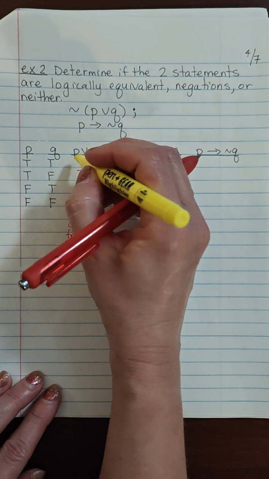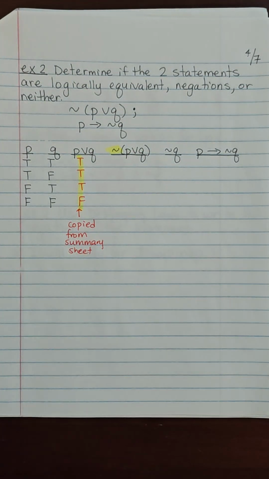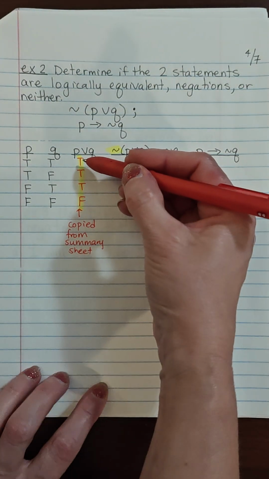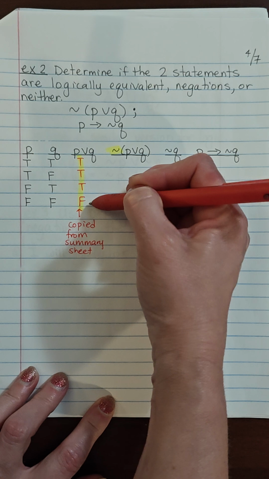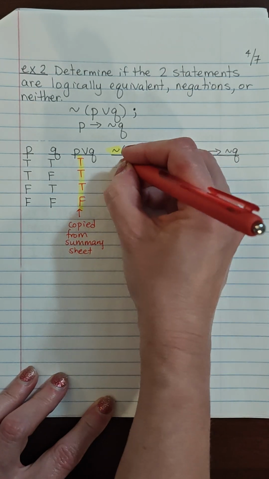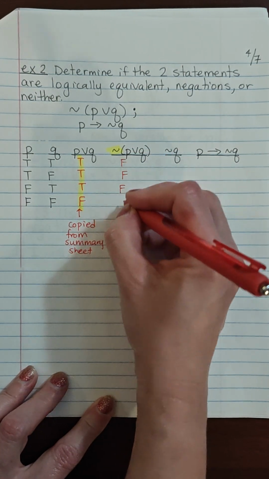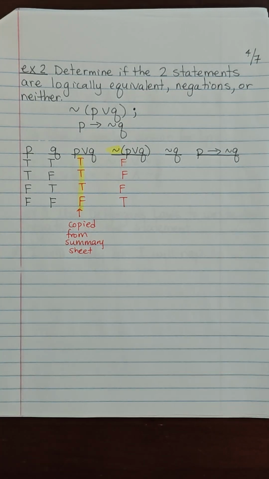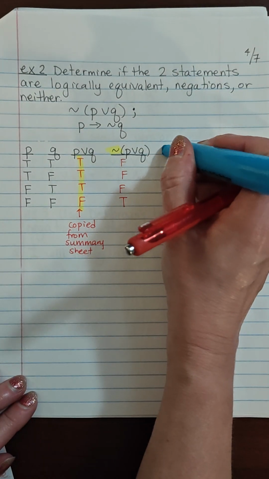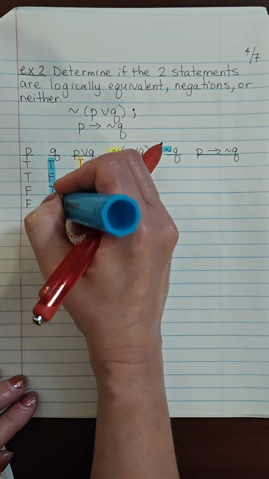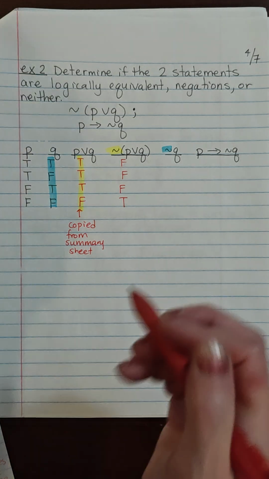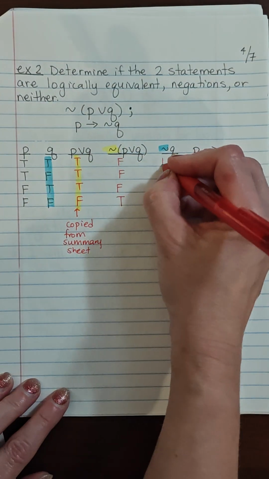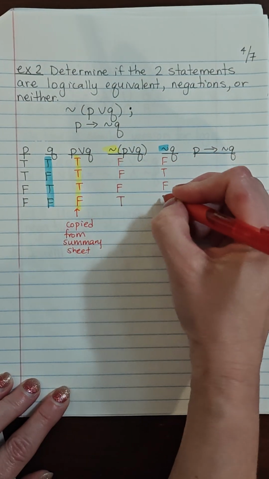Well, instead of true, true, true, false, the opposite would be false, false, false, true. Easy peasy, right? The negation of Q is just that not of Q. Instead of true, false, true, false, that'll be false, true, false, true.